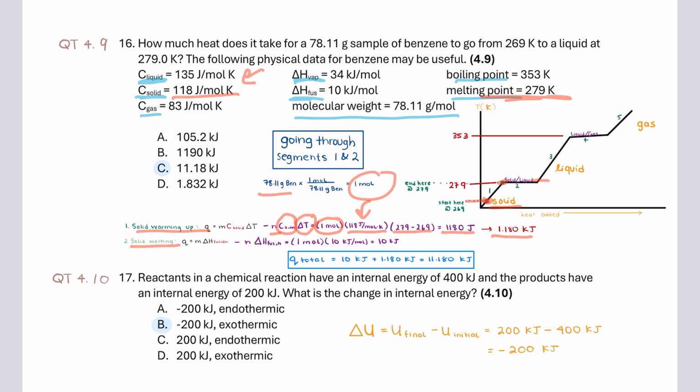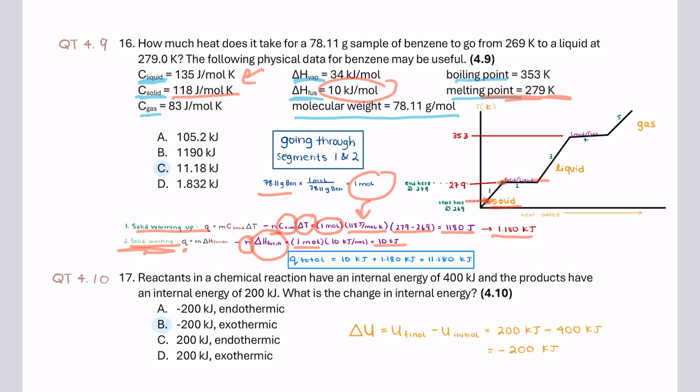Now we move on to the second step. The second step involves melting benzene. This is a phase change, so we do not use delta T. Instead, we use the enthalpy of fusion. So Q is going to be equal to the number of moles multiplied by the change in enthalpy of fusion in its molar form. So this will be 1 mole multiplied by 10 kilojoules per mole.